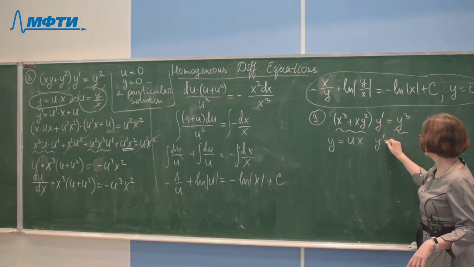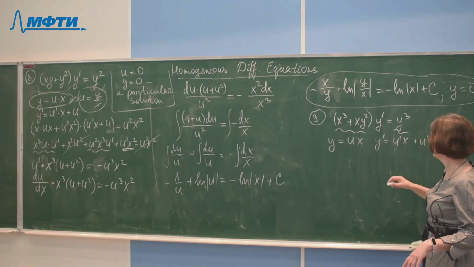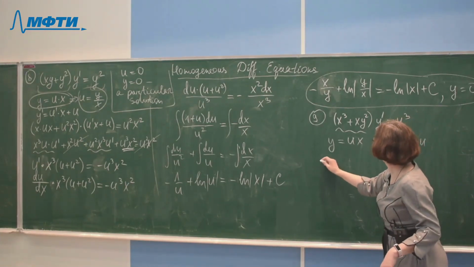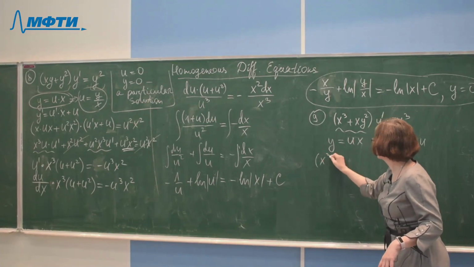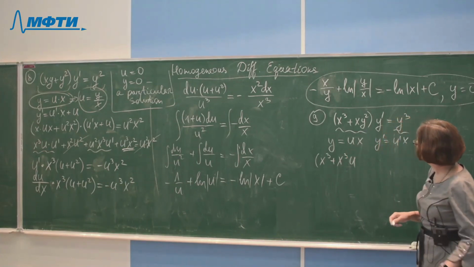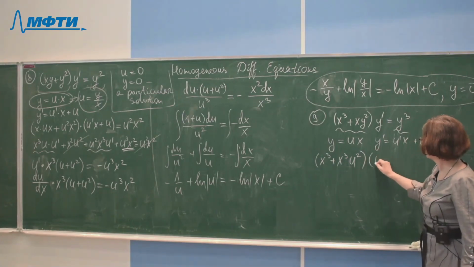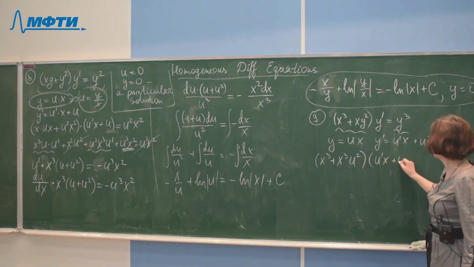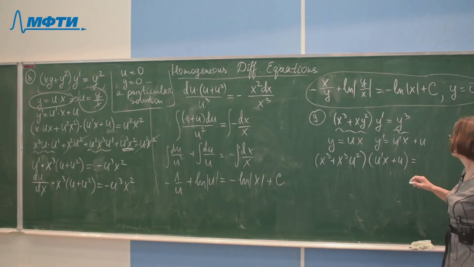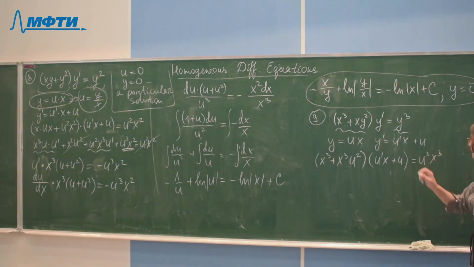Then y prime equals u prime x plus u, and then we have the following: x cubed plus x cubed u squared times u prime x plus u equals u cubed x cubed.